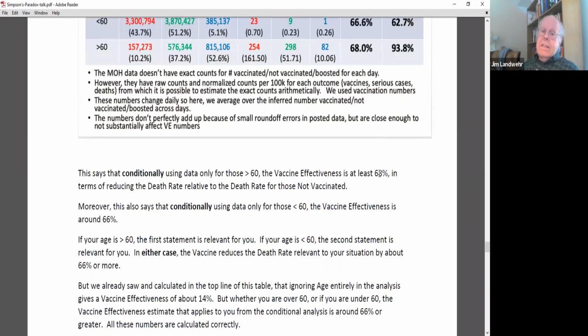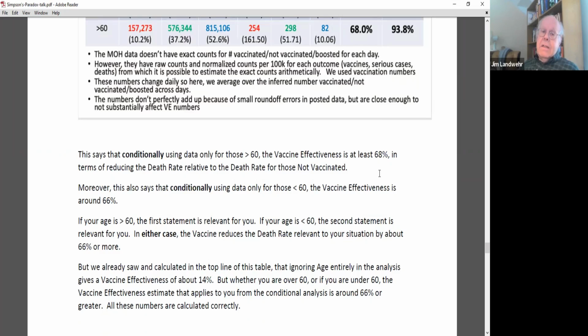I try to write this in two sentences. Conditionally using data for those over 60, the vaccine effectiveness is at least 68% in terms of reducing the death rate relative to the death rate for those not vaccinated.